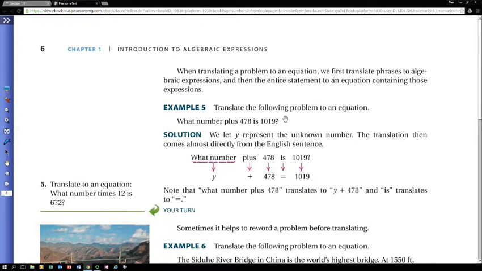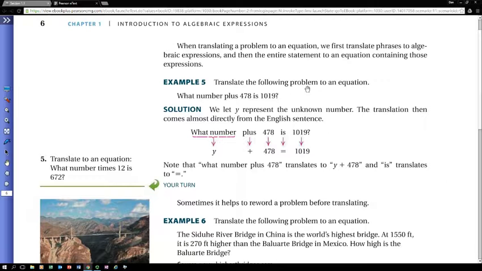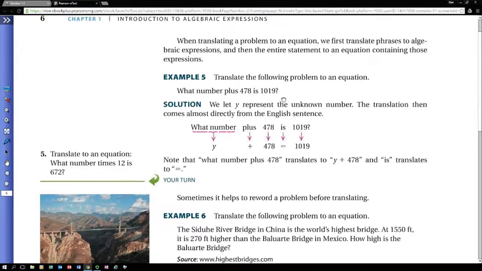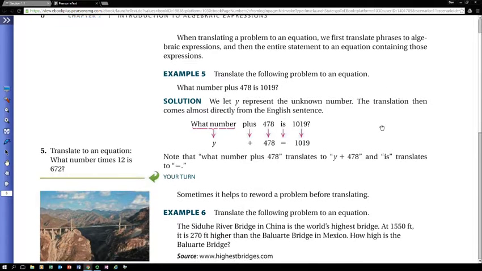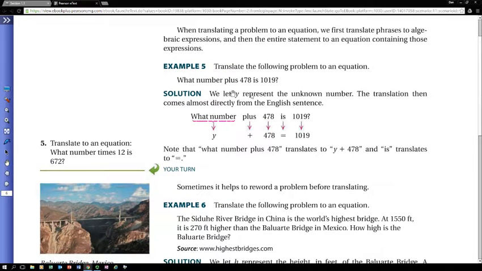So let's look at example 5. Translate the following problem to an equation. What number plus 478 is 1019? They're going to go through a lot of strategy stuff here right away. They don't indicate this, but whenever I have a word problem, this is a very simple one, I want to make sure I understand what they're going through.